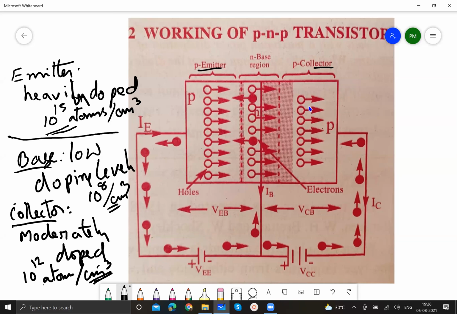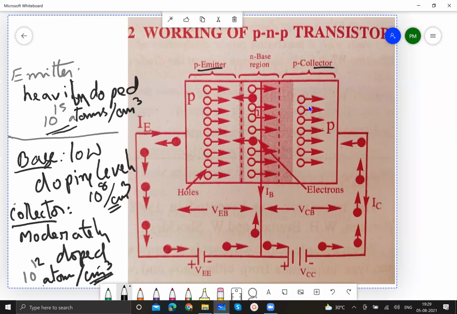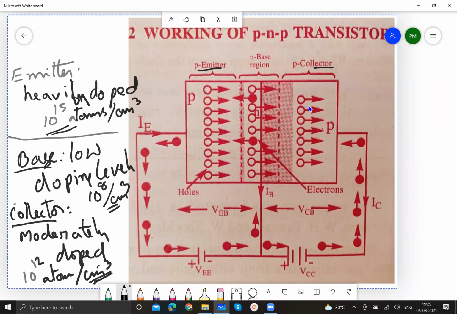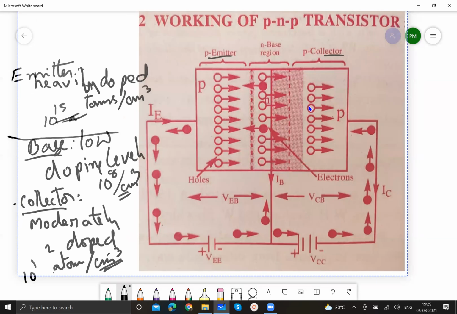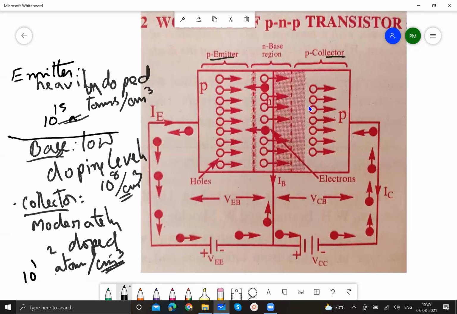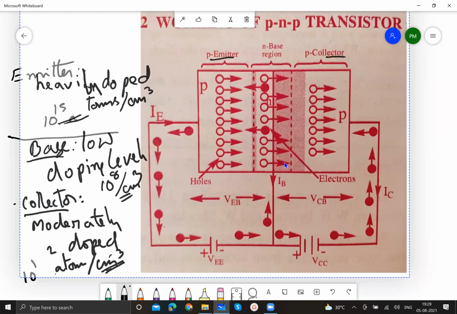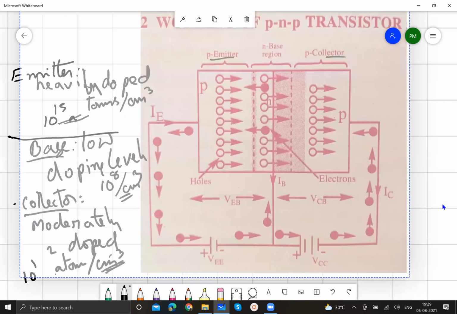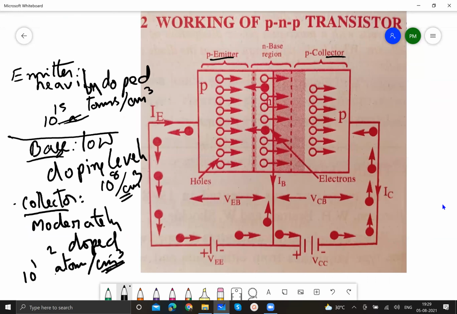Then what happens is, see here, P is connected to positive. This is the P region.